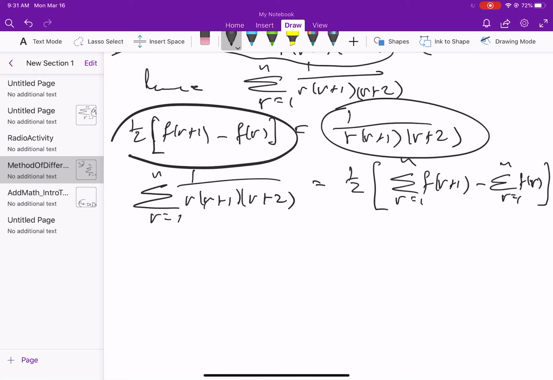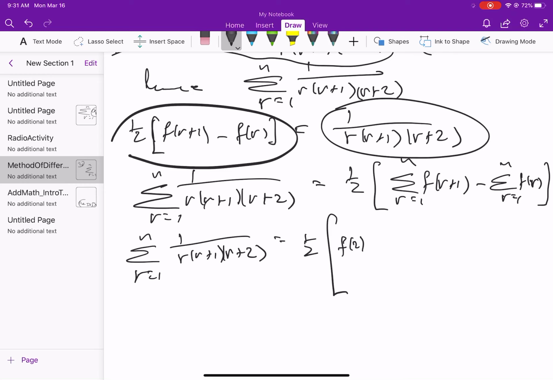So therefore the sum from r equal 1 to n of 1 upon r into r plus 1 into r plus 2 is equal to a half into, and on the inside there, I'll expand the first few terms of the first bracket. That'll be f of 2 plus f of 3 plus, second to last term would be f of n minus 1, and the last term would be f of n.